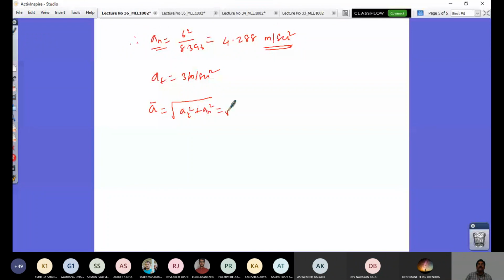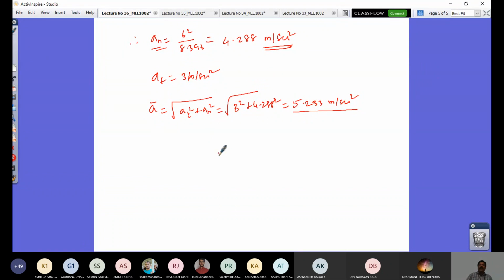If I substitute, that's 3 squared plus 4.288 squared, the root of this answer. So 5.233 meters per second square is my total acceleration magnitude.